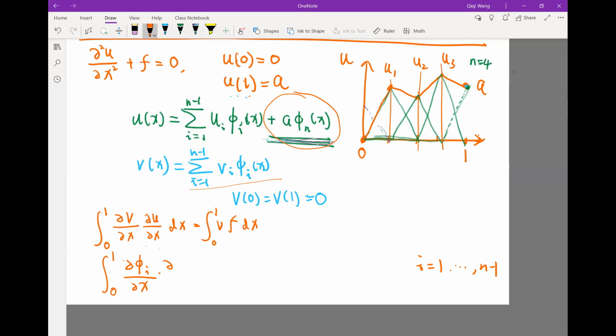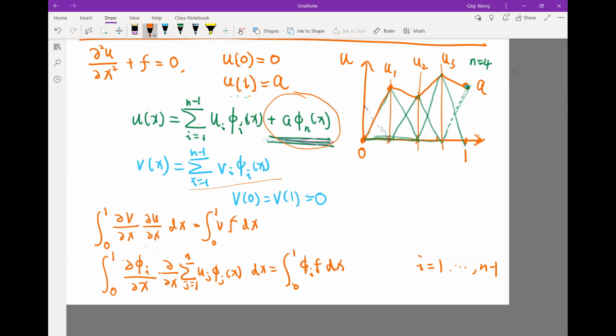Times d/dx of a summation of uj. So let's use j as the summation index over here for the values of u. dx would be equal to the integration of vi f dx.